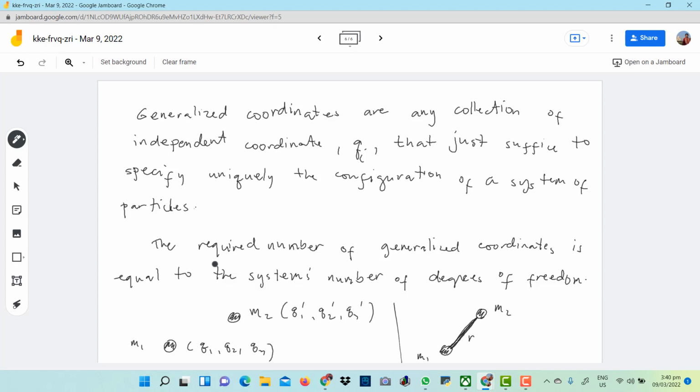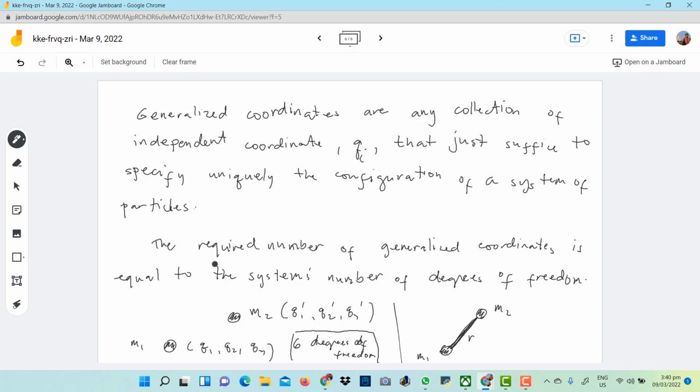So I have two masses connected by a string. Question is, how many degrees of freedom are there? I have 6 degrees of freedom originally. And take note, your generalized coordinates is just equal to the number of degrees of freedom.